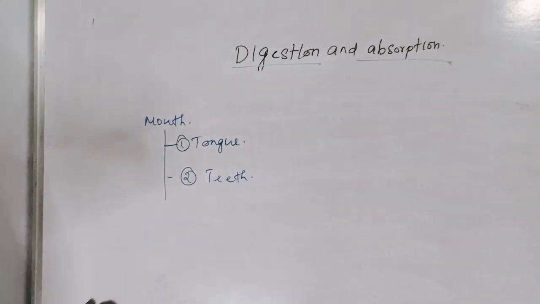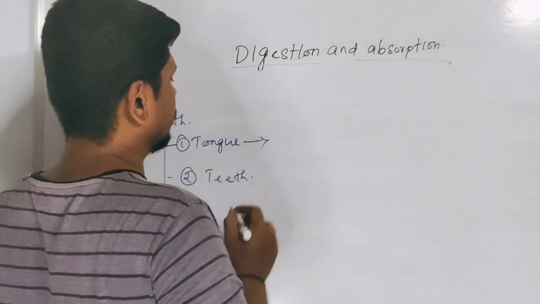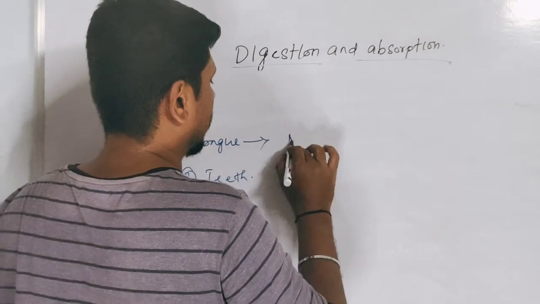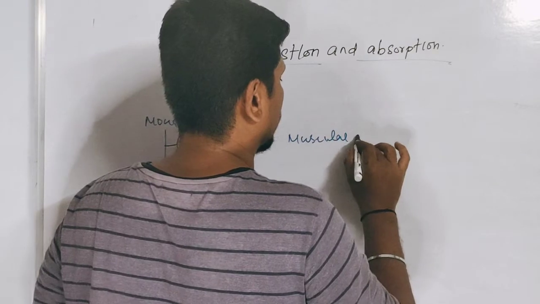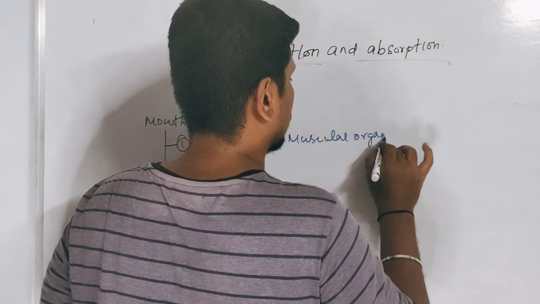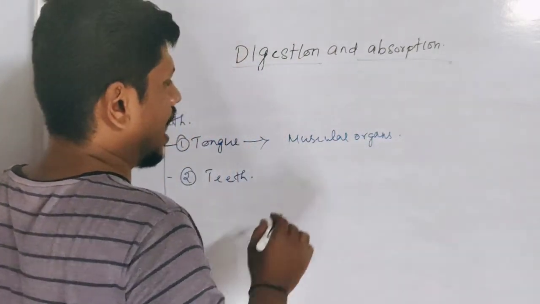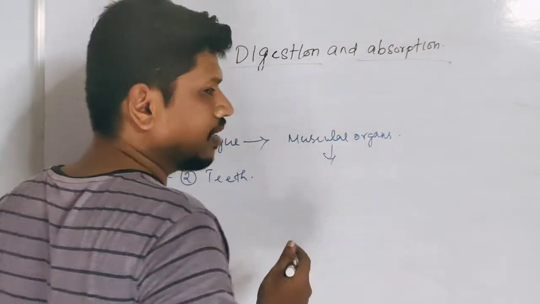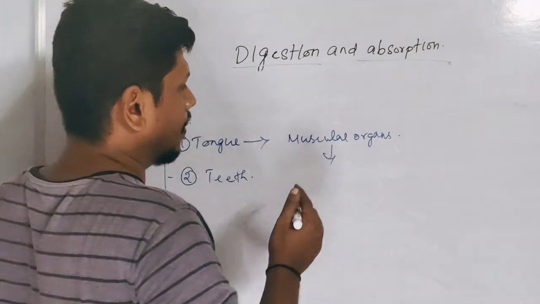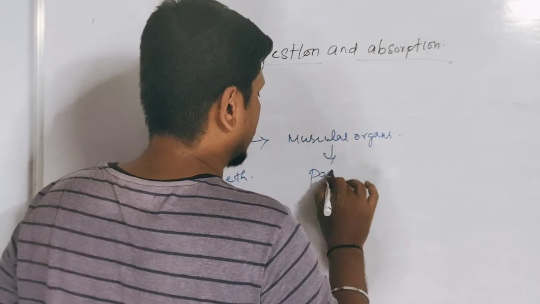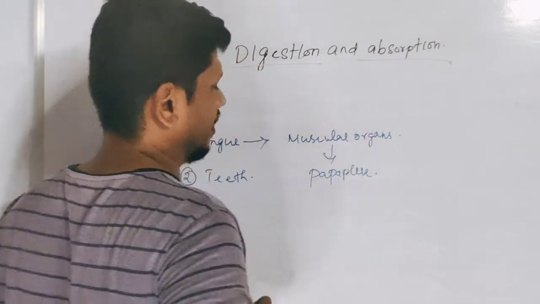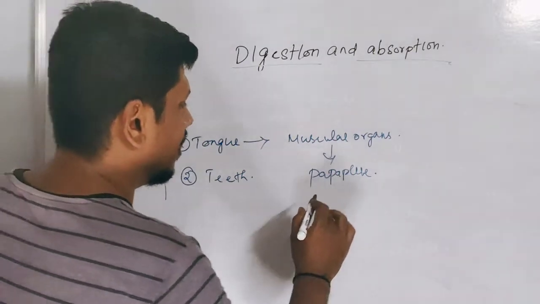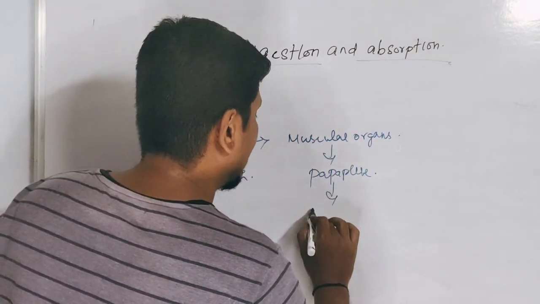Now I want to discuss the tongue. It is a muscular organ. The upper surface of the tongue has papillae. These papillae bear taste buds.